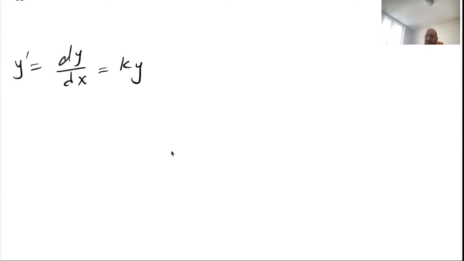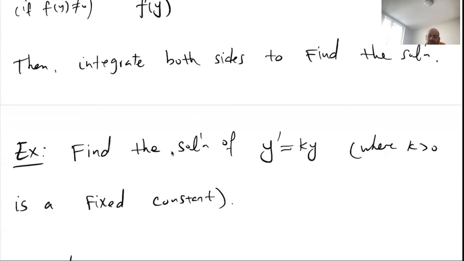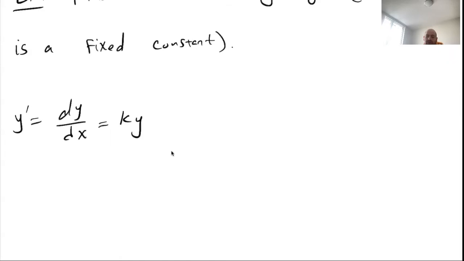Now this function, well, k is of course assumed to be positive, therefore non-zero. But what about y? Well, it is possible that y is 0. So that means I have to consider two cases. One case, if y is 0, in that case I will not be allowed to divide both sides by y or ky.